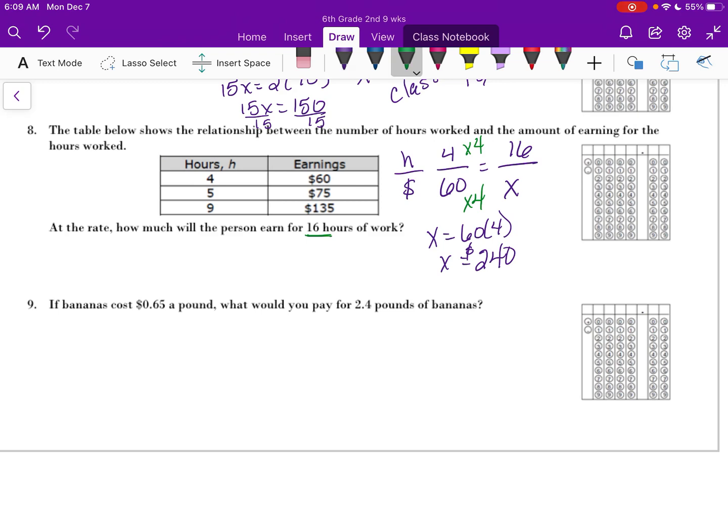On this one also, let me show you this. You could have figured out how much you're going to earn per hour, right? You could have said $60 divided by 4 hours. It's going to give us $15 per what? Per hour. And then said 15 times 16 to get the answer of 240.